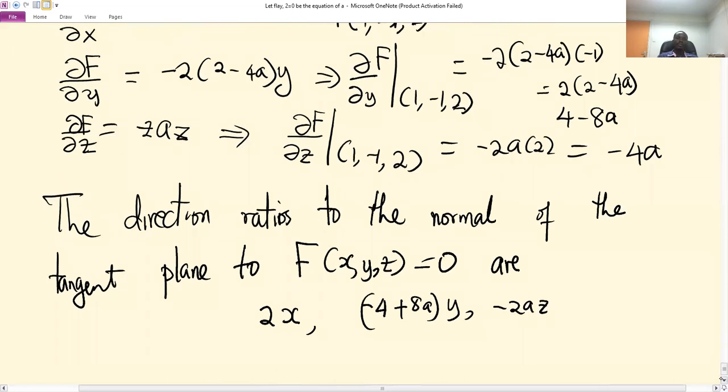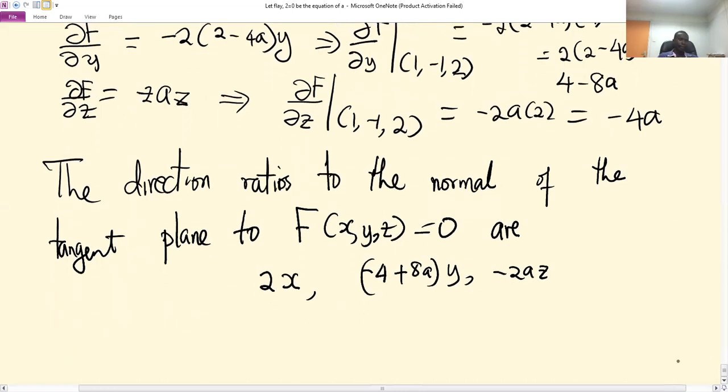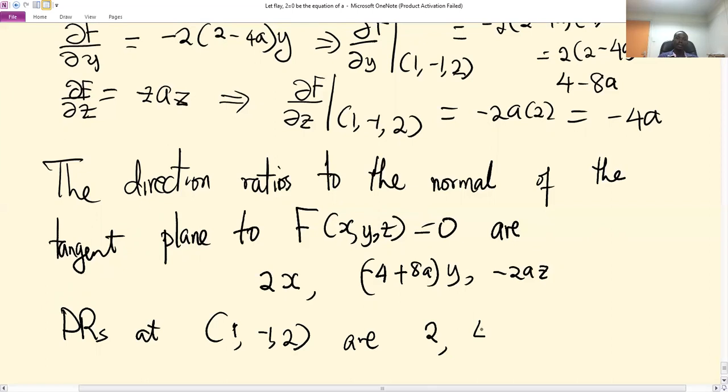At the specified point 1, minus 1, 2, the direction ratios are obtained as 2, 4 minus 8a, and then minus 4a.